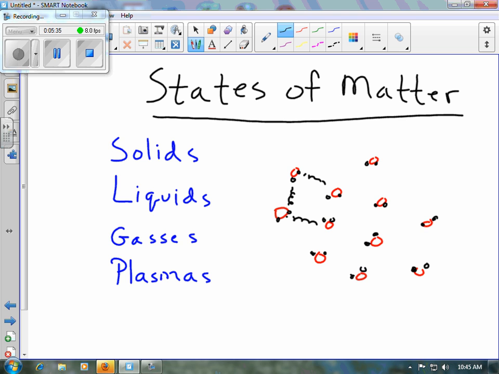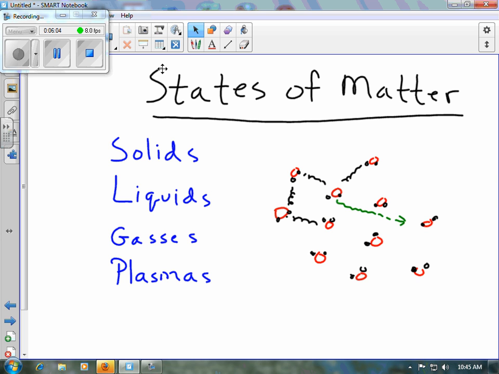So you can still draw these springs, but in this case, it's weaker. And the molecules are free to move about. So this molecule, maybe it's bound to this one now, but because of its thermal energy, it can start to move and change the molecule to which it is bound.